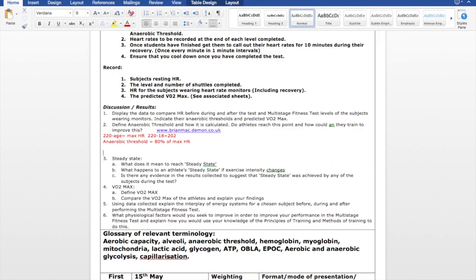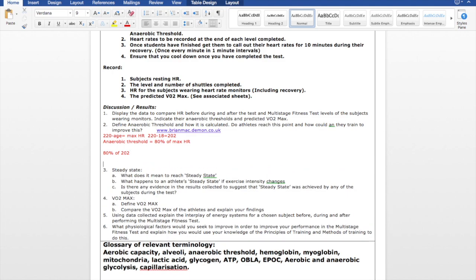We need to know what the max heart rate is, and that's 202, and we need to know what 80% of that is. Okay, so 80% of 202. So how do we actually do that? 202 multiplied by 0.8. And that equals 161.6. Okay, so about 161, 162 beats per minute, and that tells us what our anaerobic threshold is.